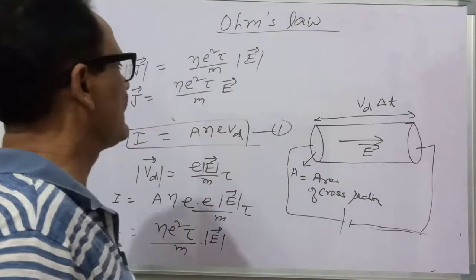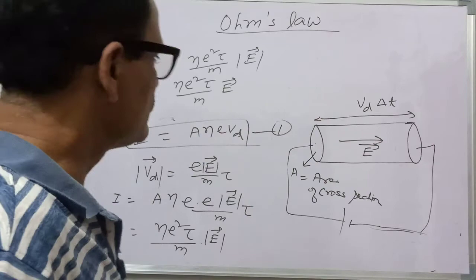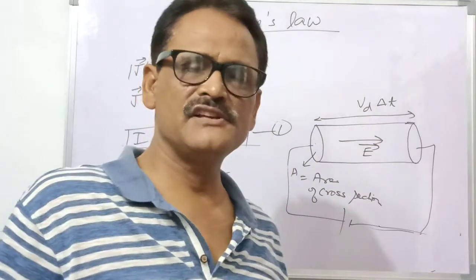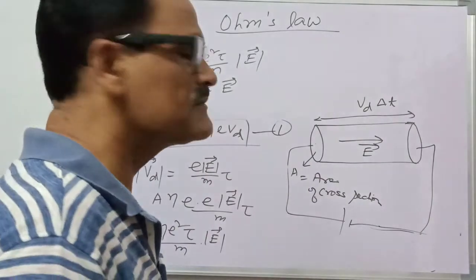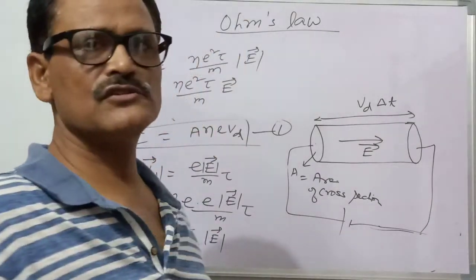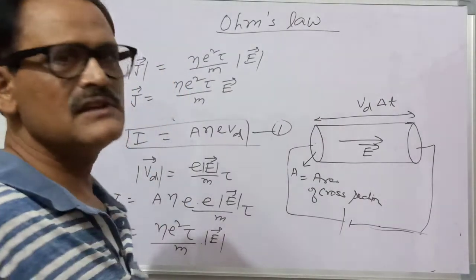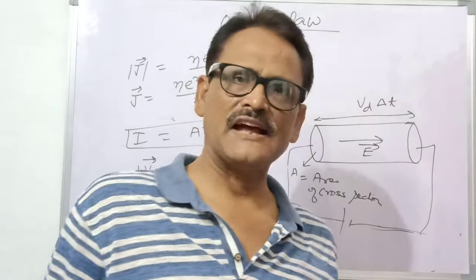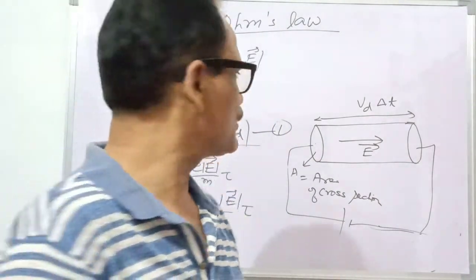The result of the applied electric field is the current density, and this is a constant because the number of free electrons per unit volume depends on the nature of the conductor. e is already a fixed number and m is also fixed, and tau is the relaxation time, the average time between two successive collisions, and it depends on the temperature.